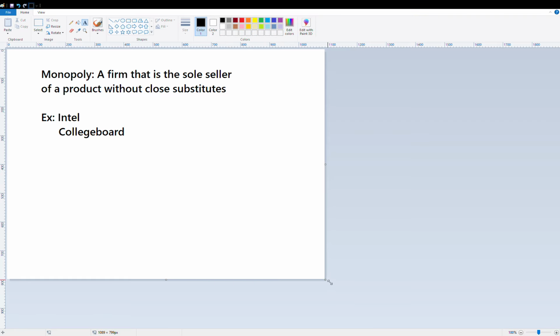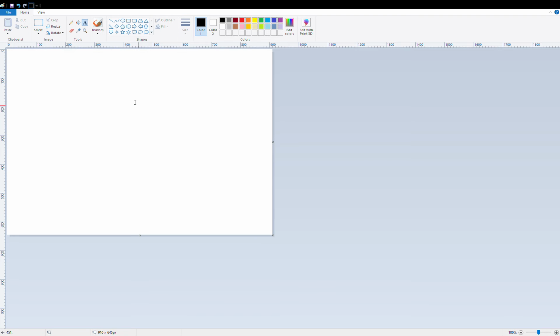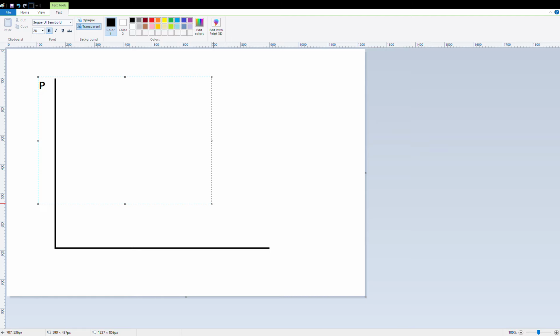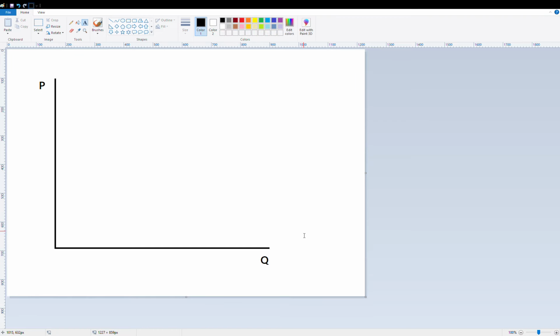Okay, so let me draw a graph of what a monopoly looks like. So you got the P, you got the Q right here. In perfect competition, Mr. DARP just meant the marginal revenue is equal to the demand, which is equal to the average revenue, which is equal to the price.